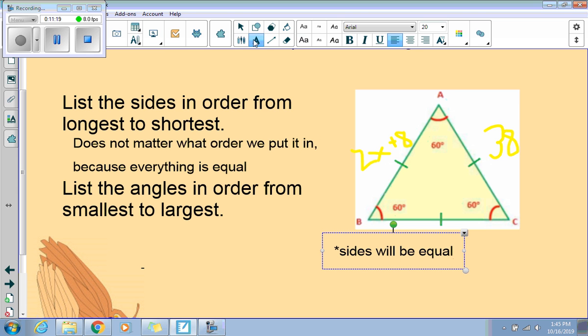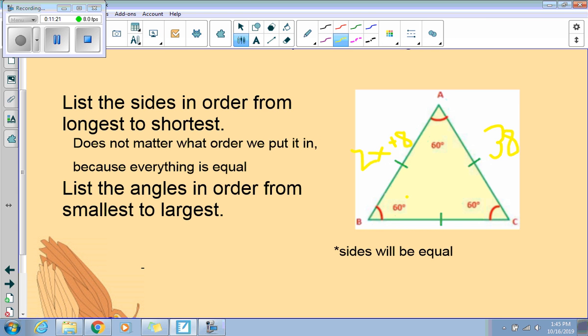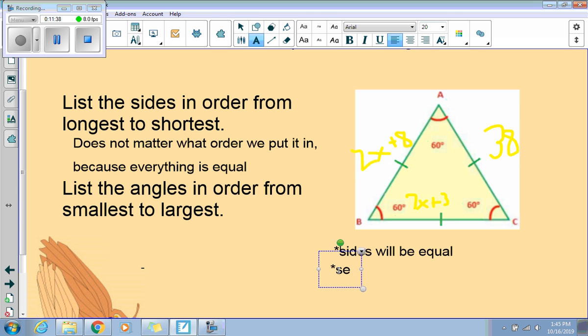Now, what if I said that the angle was 7x plus 3? If I said it was 7x plus 3, we would set the angle equal to 60, because each angle here is equal to 60 degrees.